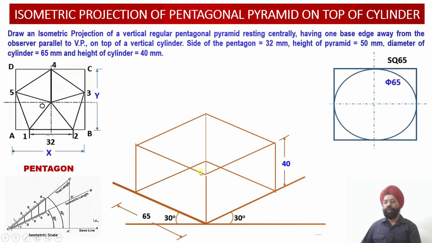Now we have drawn two squares over there. Please check. We have drawn two squares which are going to inscribe these elliptical constructions. And when you draw a square in isometric projection, it appears like a rhombus. So the top face appears like a rhombus, and the bottom face also appears like a rhombus. So let us start with the top face.